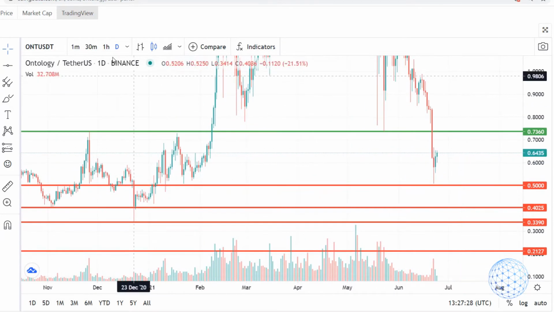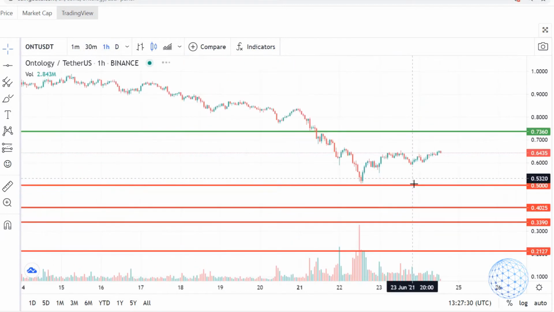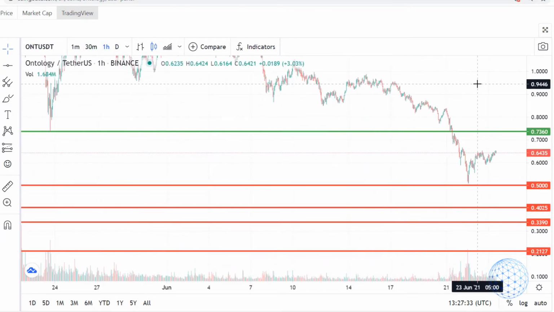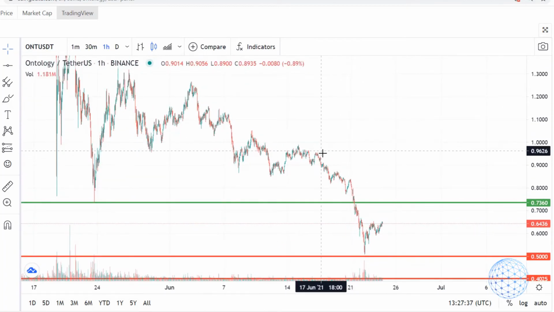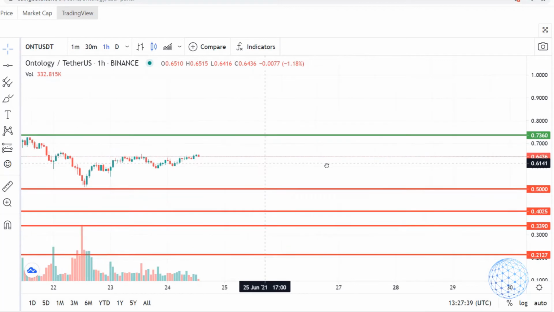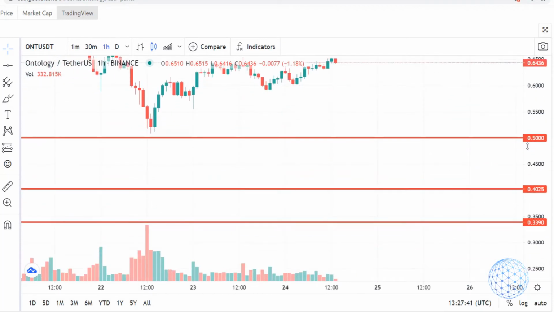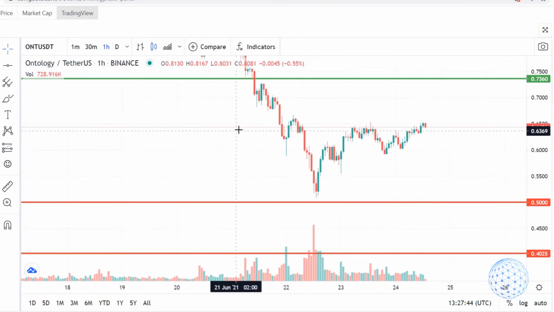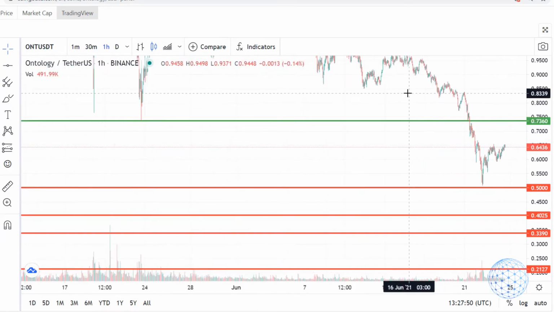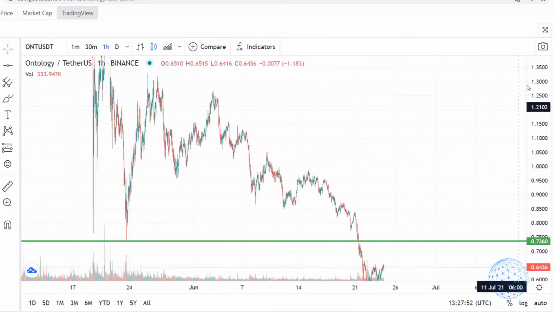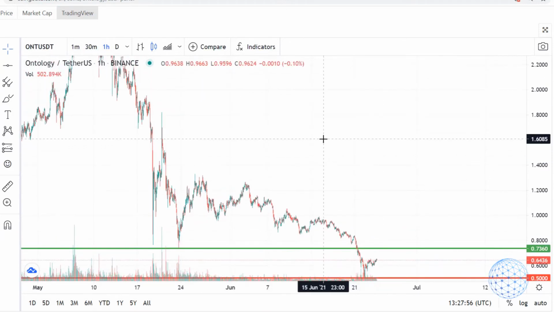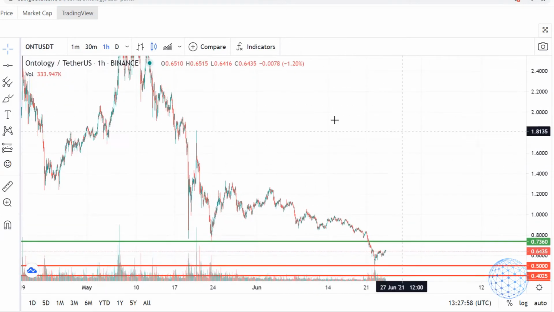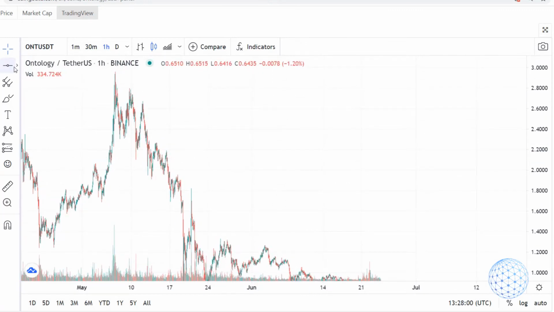Okay, so now I will go to the hourly chart and I will explain what I mean. Now on the hourly chart we see the chart in more detail. So every candlestick, let me zoom in again, every candlestick represents just 1 hour. Okay, and if I look at a bigger picture, I will show you the trend line that we have with Ontology. I always draw the trend lines on the hourly chart so it's more precise.